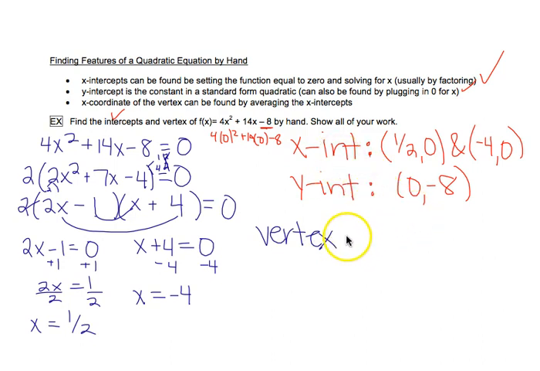So my vertex, here, averaging means to add them together and divide by how many there are. So the x is going to be 1/2 plus -4, and then I'm going to divide that by 2.